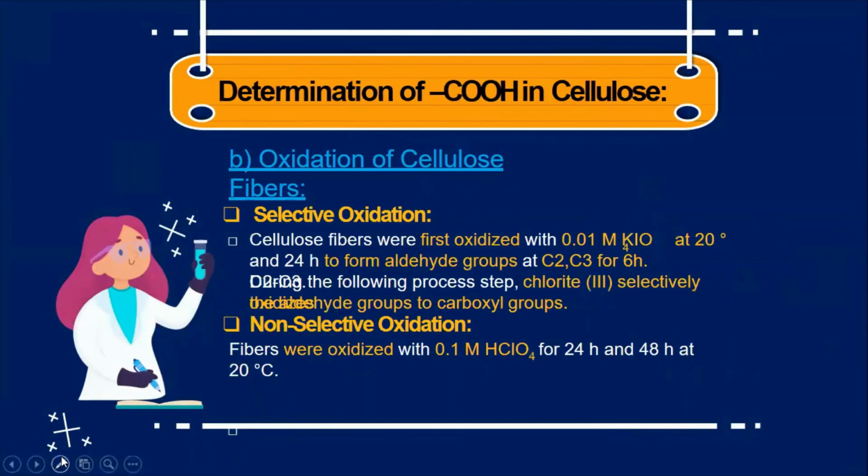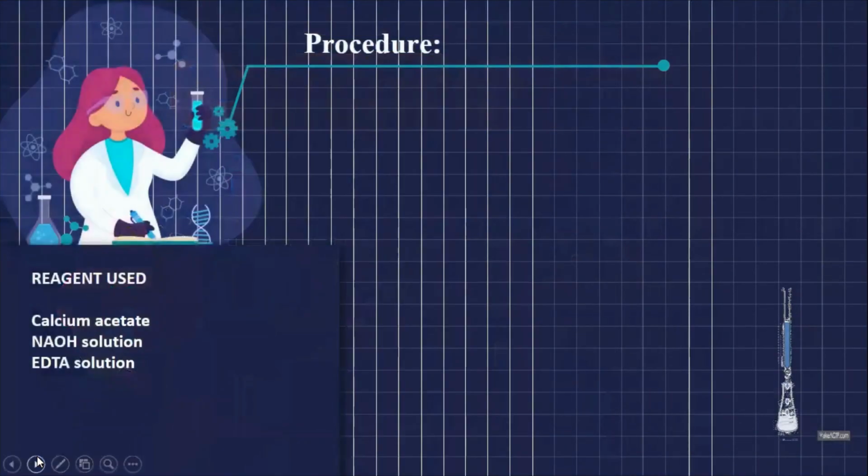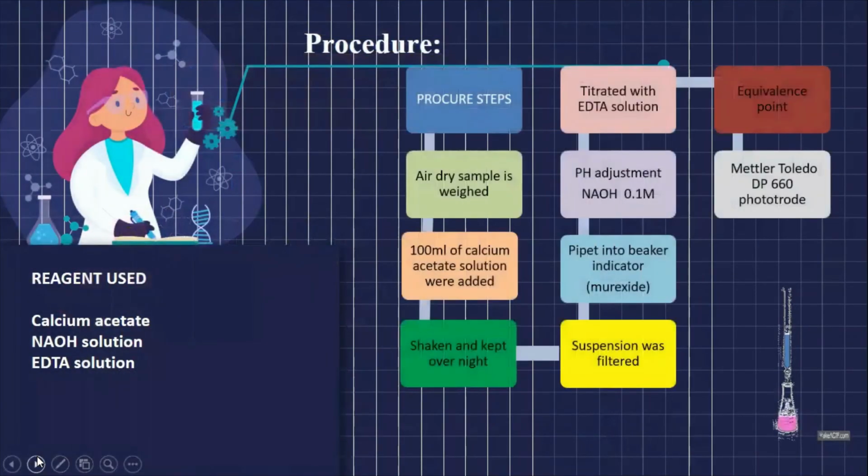In the next slide, we have the procedure for determination in cellulose fibers. First of all, cellulose fibers are oxidized, either through selective oxidation or through non-selective oxidation processes. Similarly, the samples that are oxidized are dried and weighed, into which 100 ml of calcium acetate solution is added, shaken, and kept overnight.